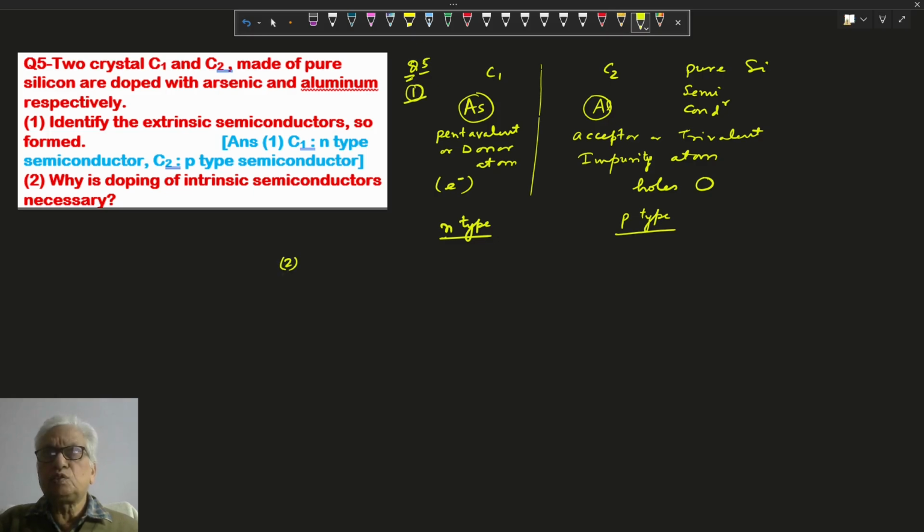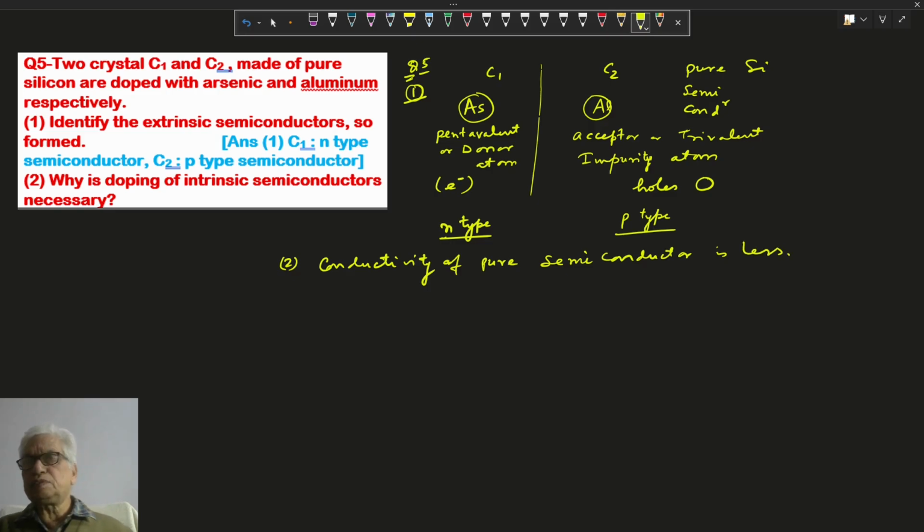The second, doping of intrinsic semiconductor is necessary. The reason behind here is the conductivity of pure semiconductor is less. So it cannot be used as conductor as well as insulator because conductivity is less.